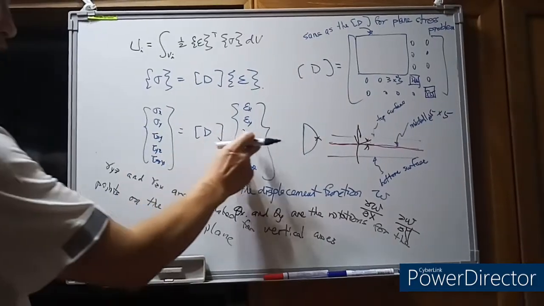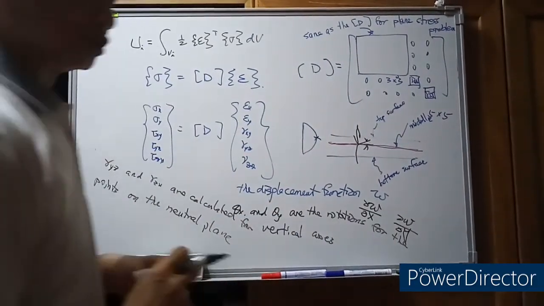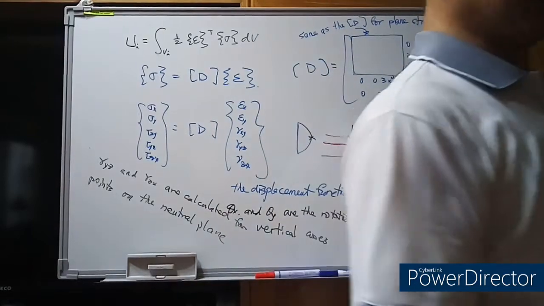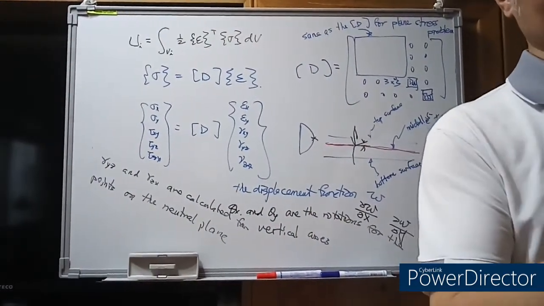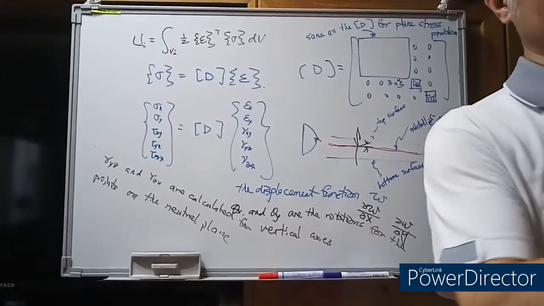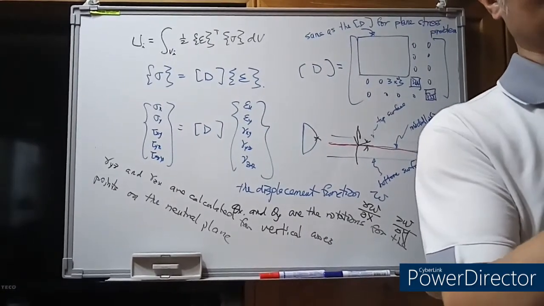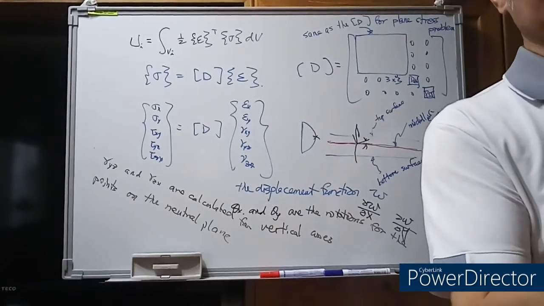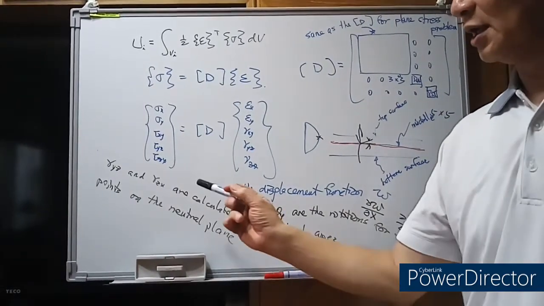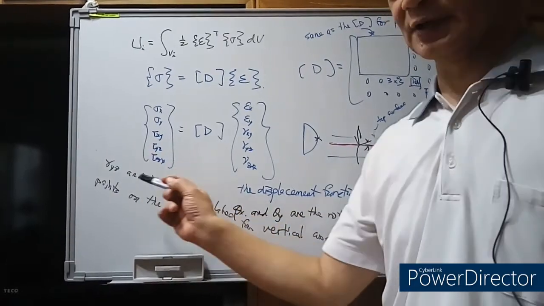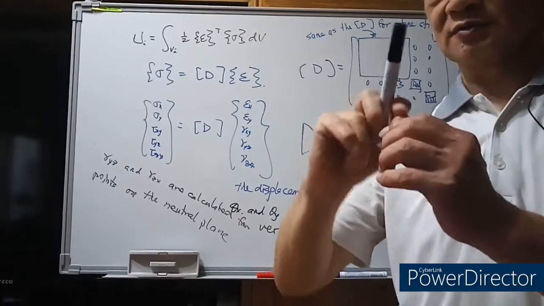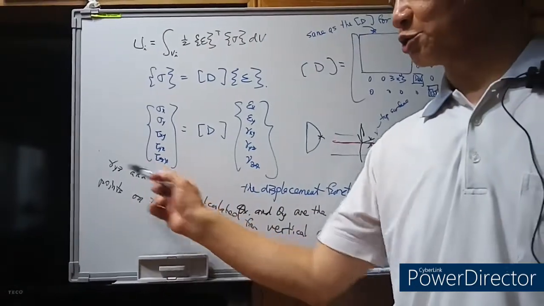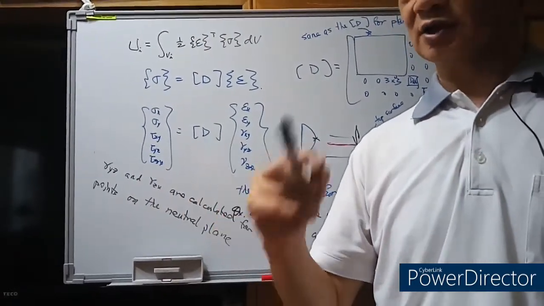So if we use this shear strain directly, then you can say you did not consider the variation of the shear strain throughout the thickness. For different z values, these two terms are calculated for z equal to 0. But for different z values, actually the shear strain and the shear stress will change.